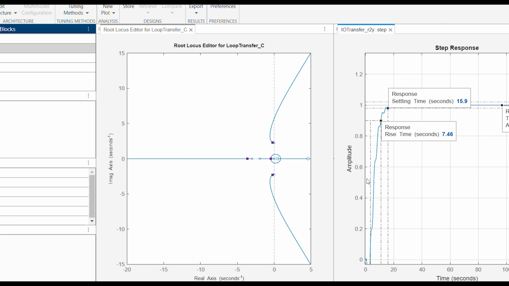Okay, Assalamualaikum. So this is for system number 3. The rise time is 7.46, the amplitude is 1, and the settling time is 15.9. So how do we find the overdamped range?